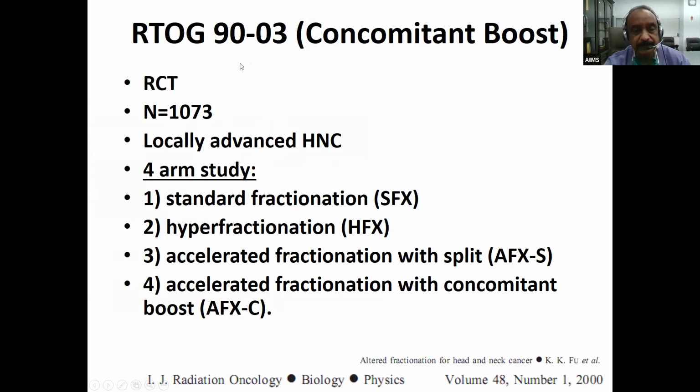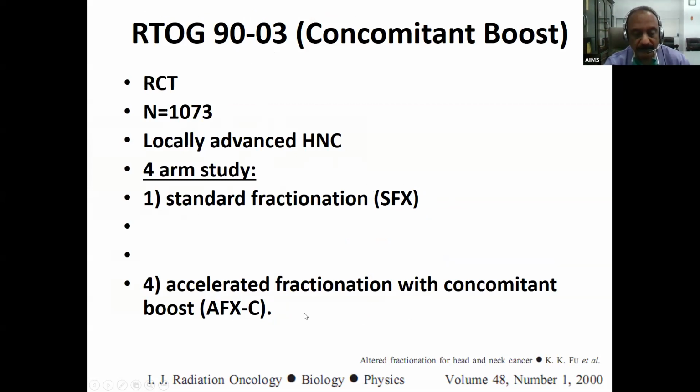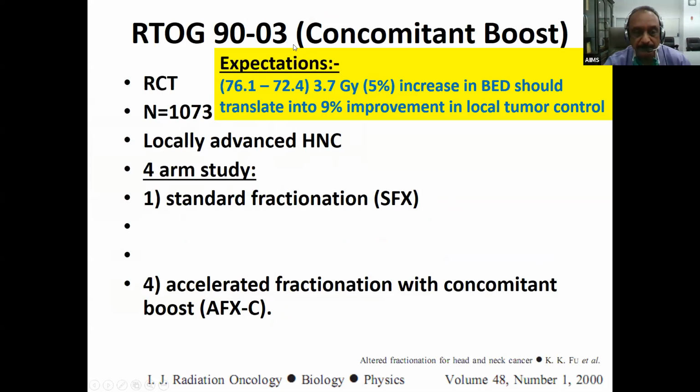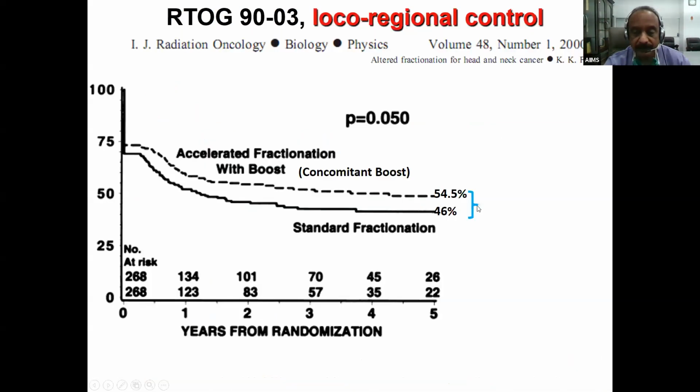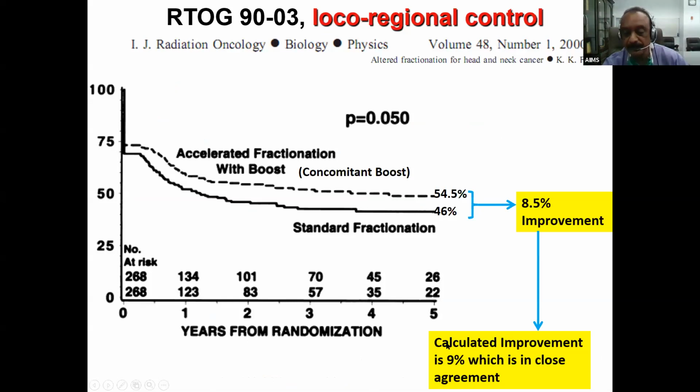So again, validated by the RTOG 9003 trial, and now we will just focus on standard fractionation versus concomitant boost. And the expectation is that a 5% increase in BED should translate into a 9% improvement in local tumor control. So that is what I predicted from the linear quadratic model. And let me look at the outcome. 8.5% improvement, very, very close in agreement with the calculated one of 9%.